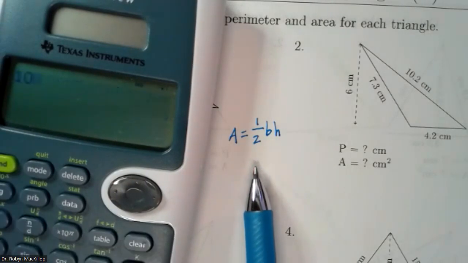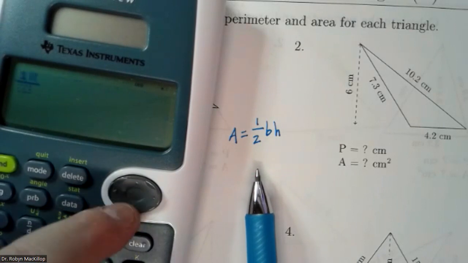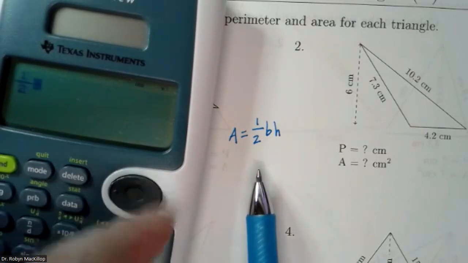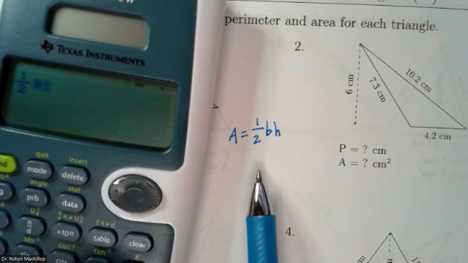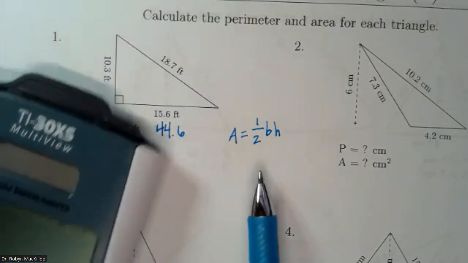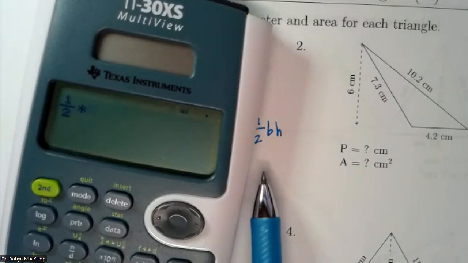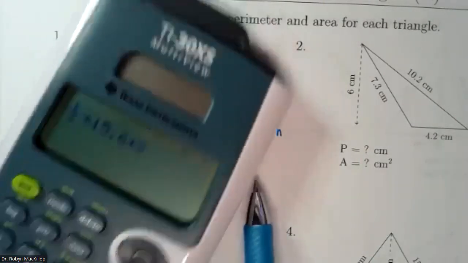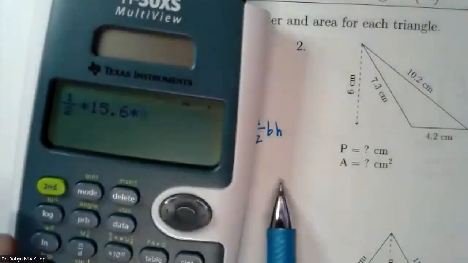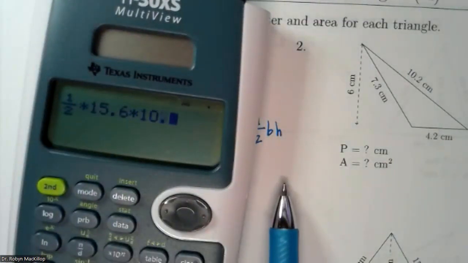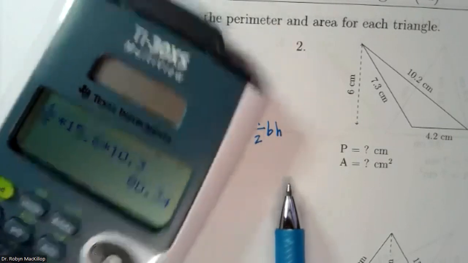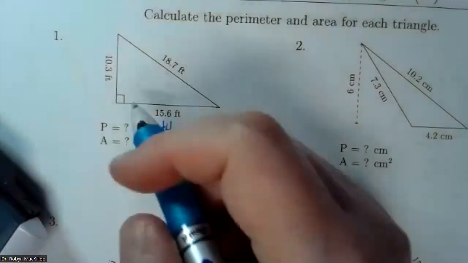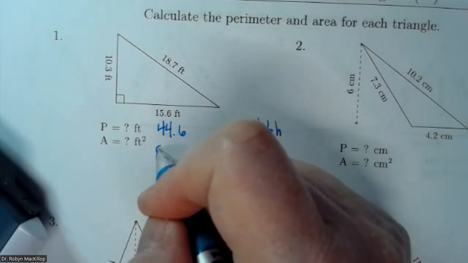Let's do 1, arrow down, 2, arrow out, times the base, 15.6, times the height, 10.3. 80.34.